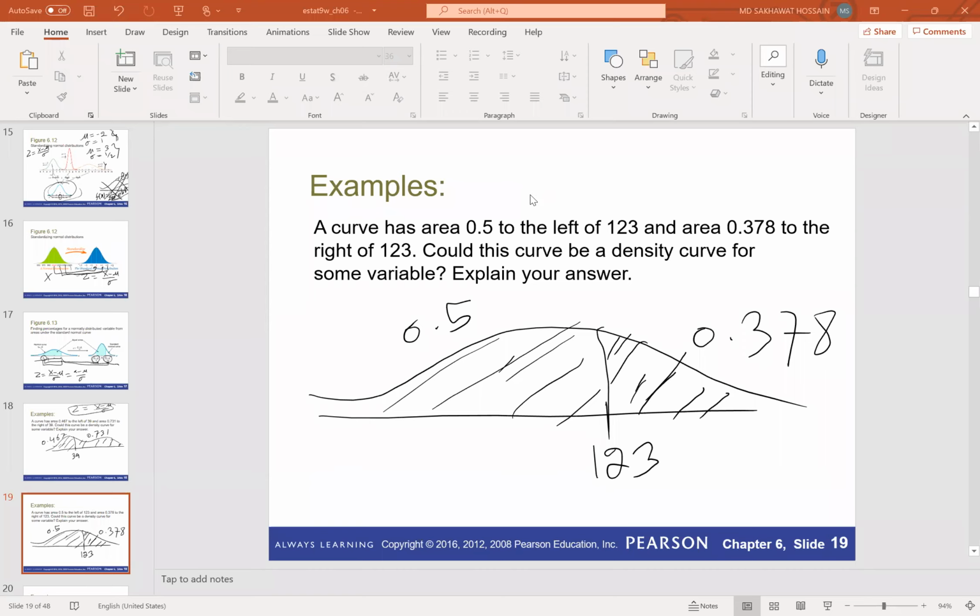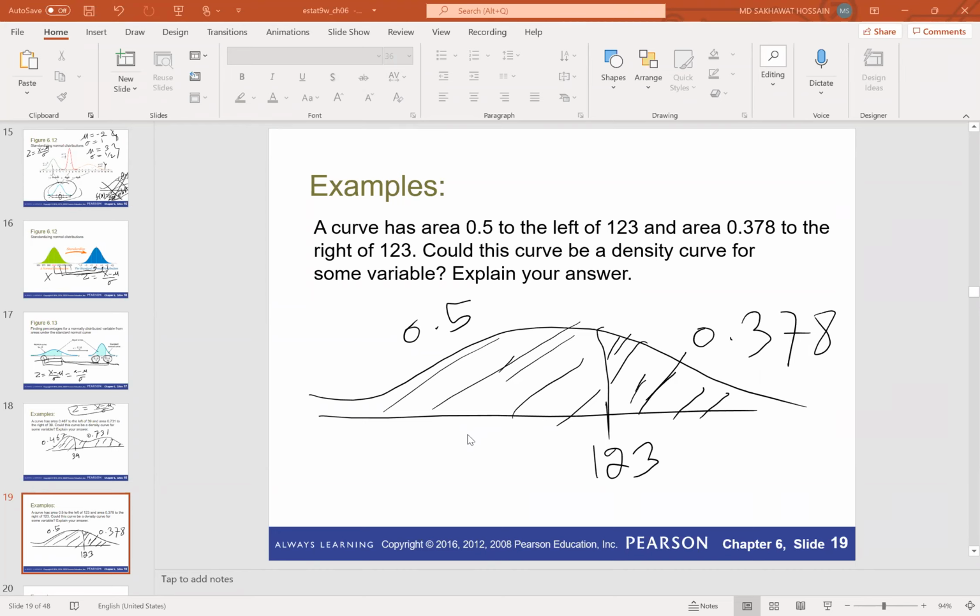So what is the total area under the density curve? 1, right? Total area 0.5 plus 0.378 is less than 1. That's correct, it's less than 1.